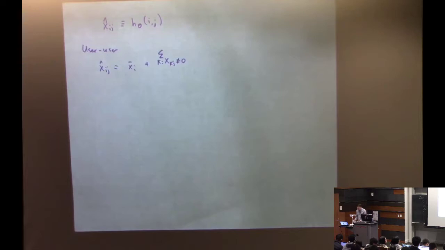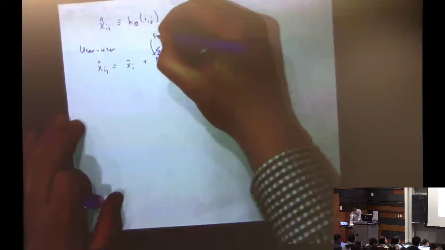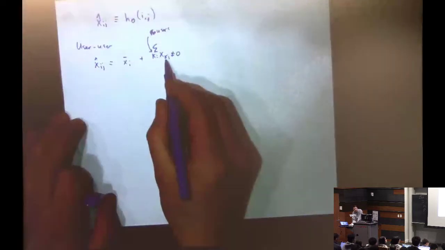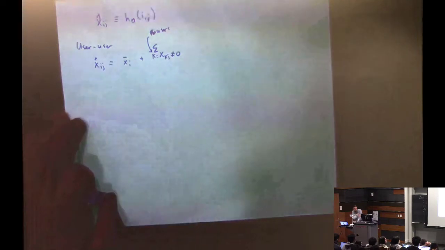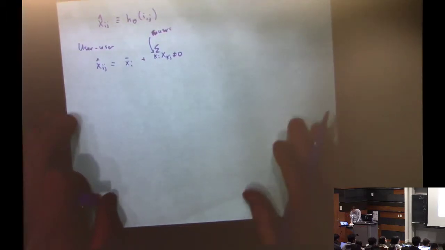So we're going to sum over all the users. Importantly, I'm summing over users here, so this k is a sum over users. The way you know it's a sum over users is that I'm having k in the first index of x, and x is always indexed first users, then items. So I'm going to sum over all my entries where this other person also rated this movie.